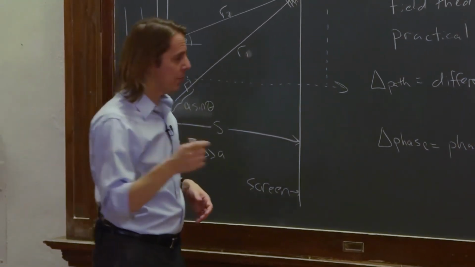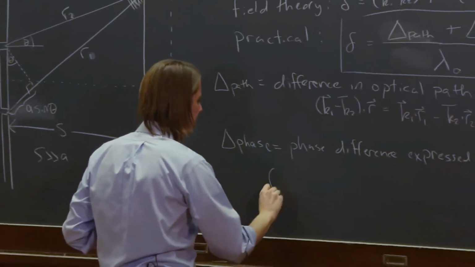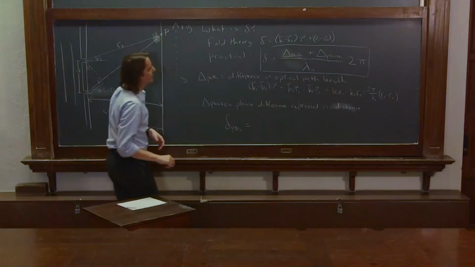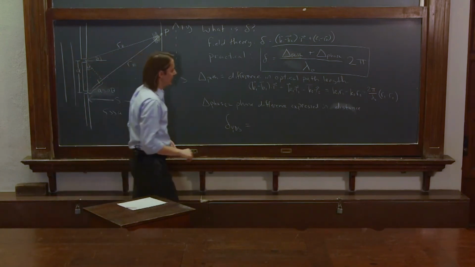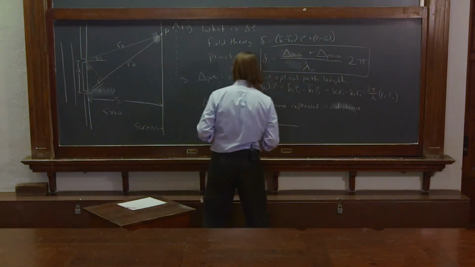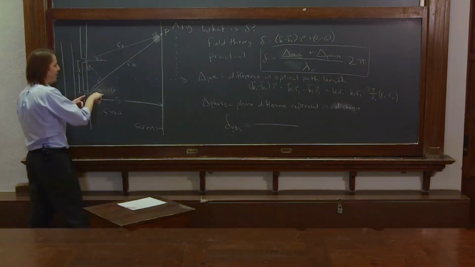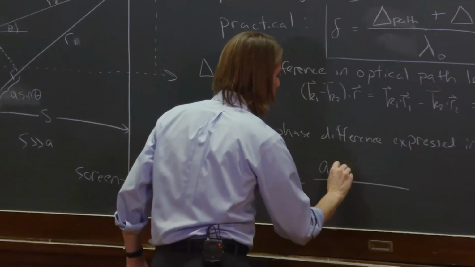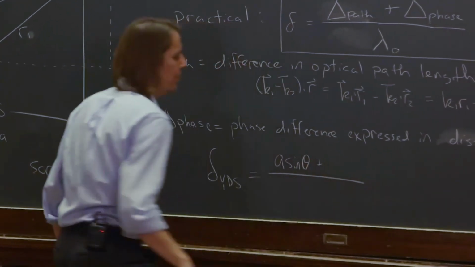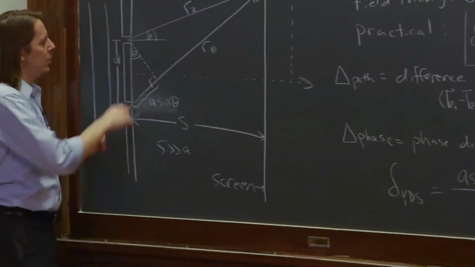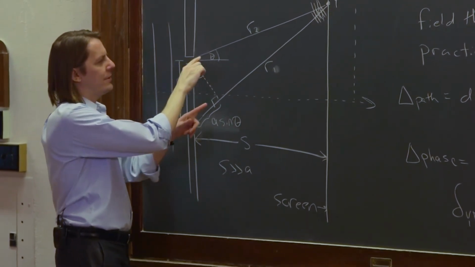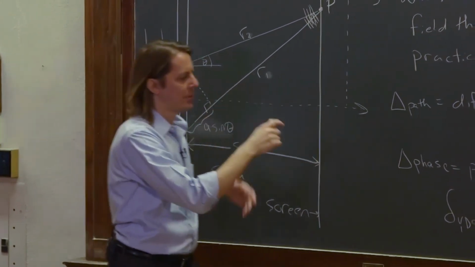So now we can write delta for the Young's double slit, right? So it is the difference in path, and I got ahead of myself and defined the difference in path. It's A sine theta plus the difference in phase. Well, we know the whole point of this was that it's coherent. These two are coherent here. There's really nothing that happens to cause a difference in phase, so that's plus 0.